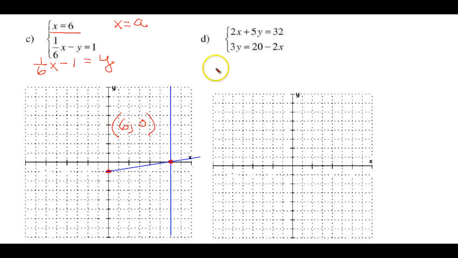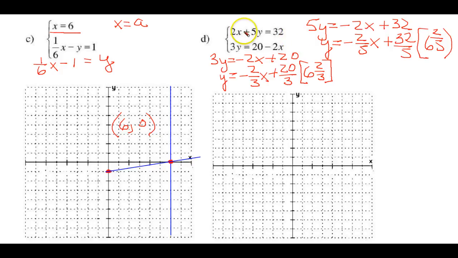Now let's take a look at this one. And again, I'm going to have to do slope-intercept. And these numbers look a little bit big, so I'll probably have to use 2's again. So let me solve both of them for y. Put them in slope-intercept form. Now in the top equation, when I solve for y, it gives me some wild things.